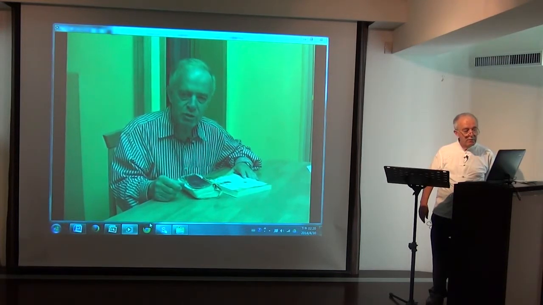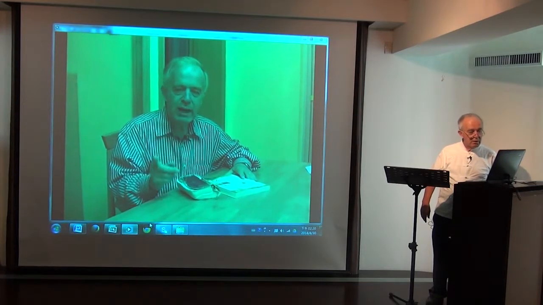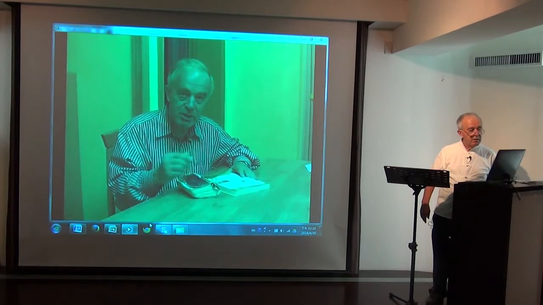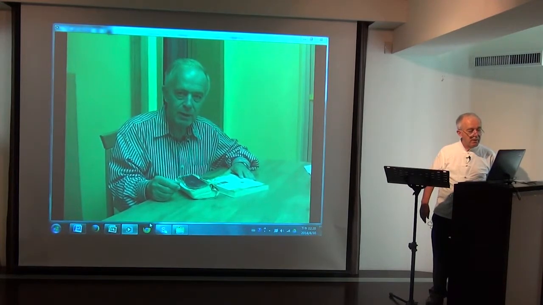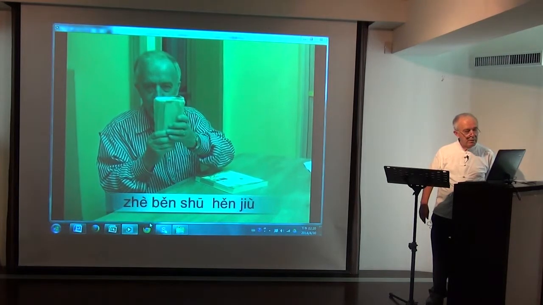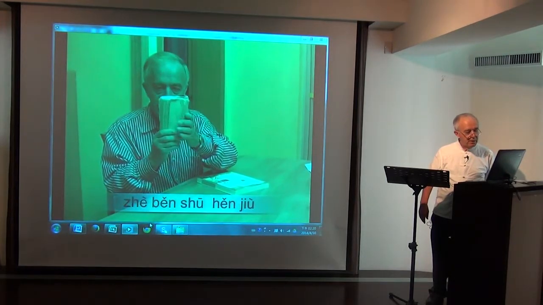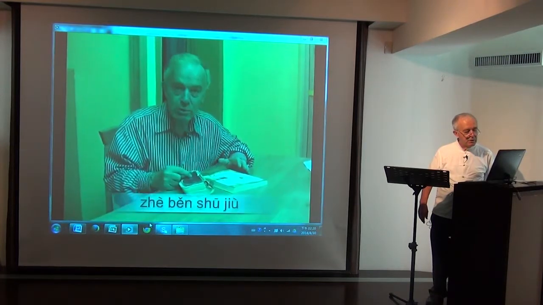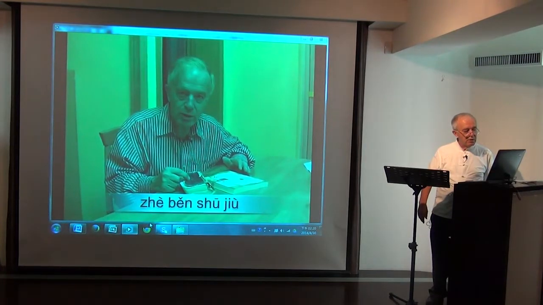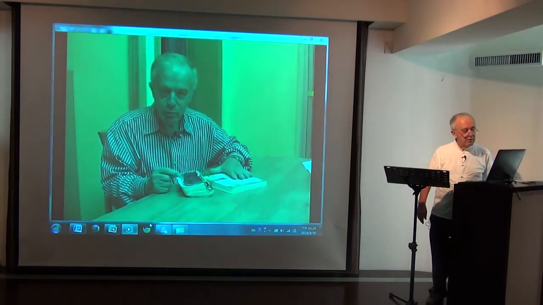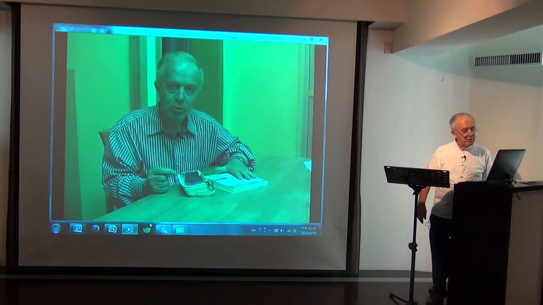But note the one exception. When no adverb appears, it implies comparison. So if I said 这本书很旧, this book is old, there's no comparison implied. But if I said 这本书旧, it implies this book is old and this book is therefore new.